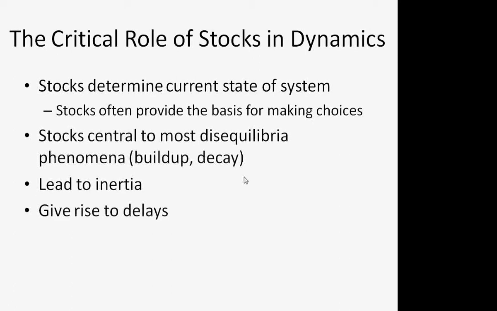So stocks determine the state of the system, and they're central to disequilibrium. With build-up and decay of a system, they remember, like the elephant, the stock remembers. You have a hard time changing it instantly.